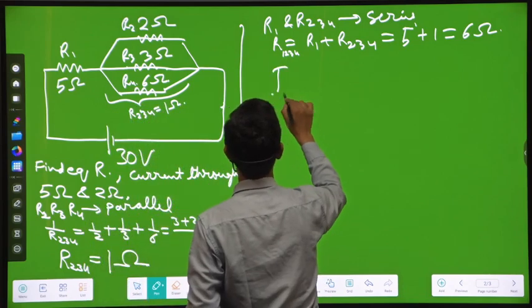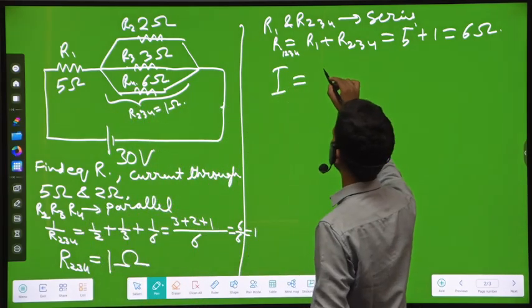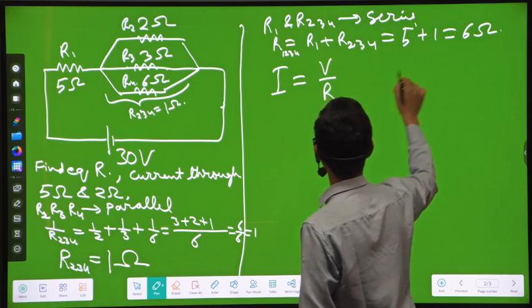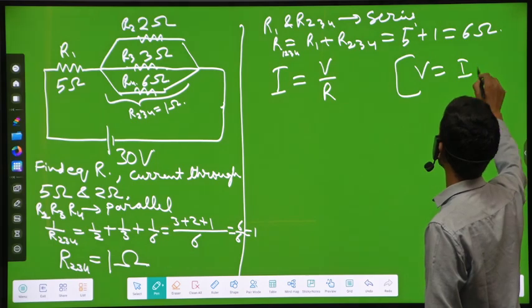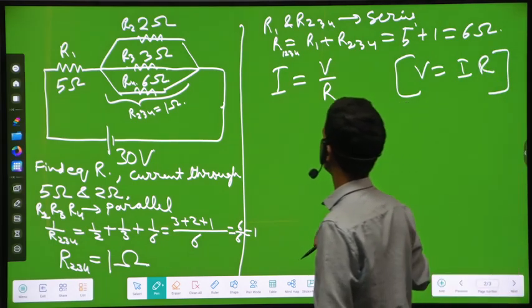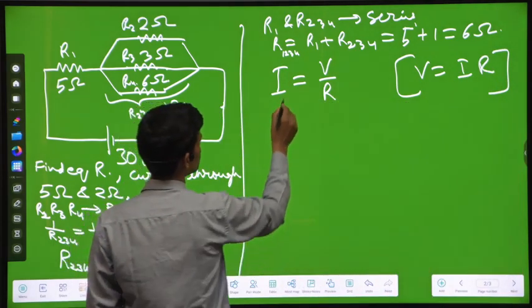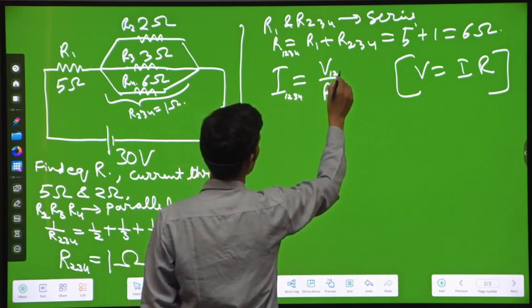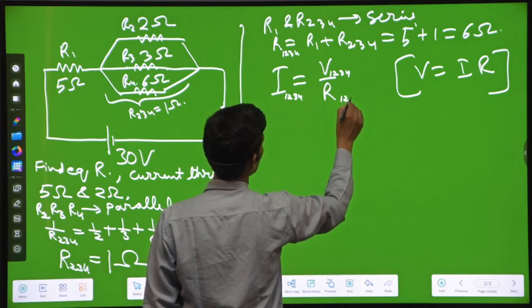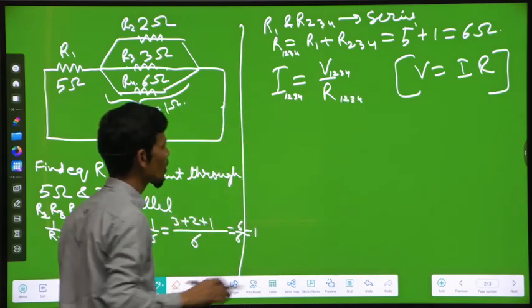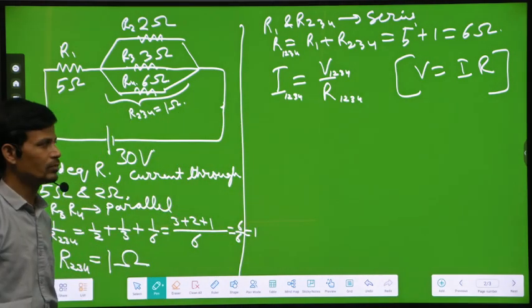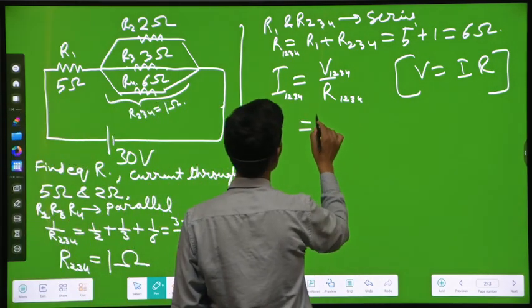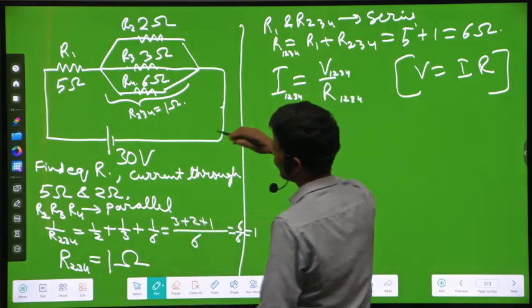So it is E by R. How is it so? Because V equals IR. This is the total current.